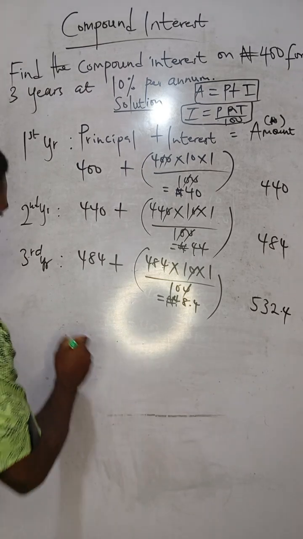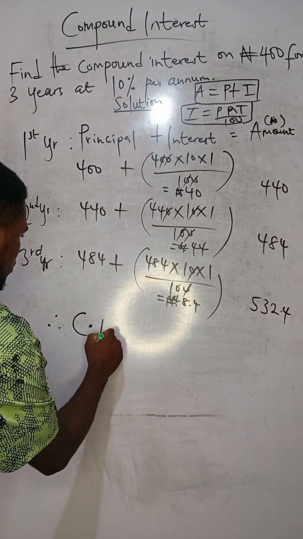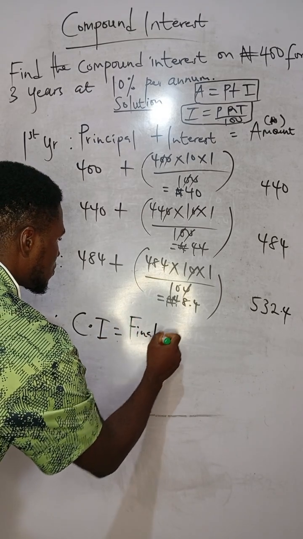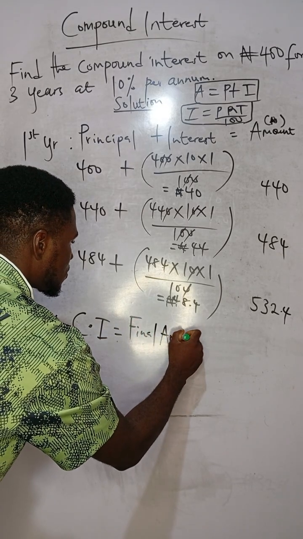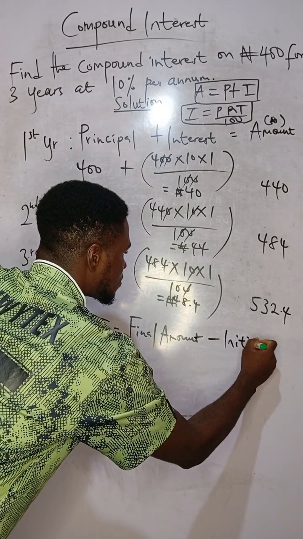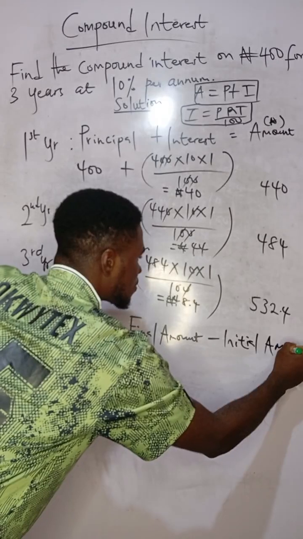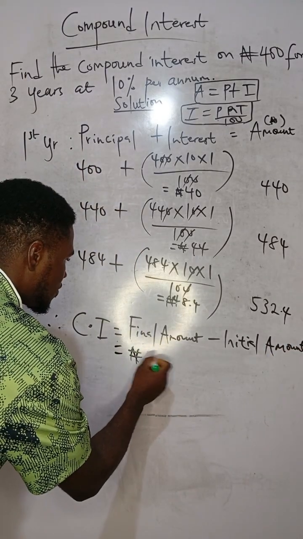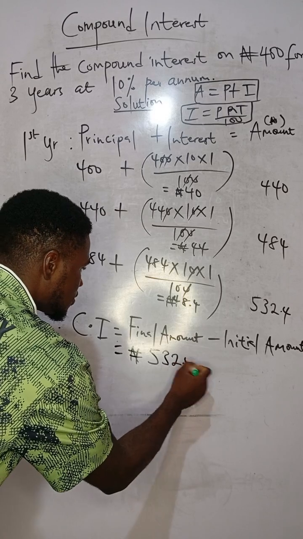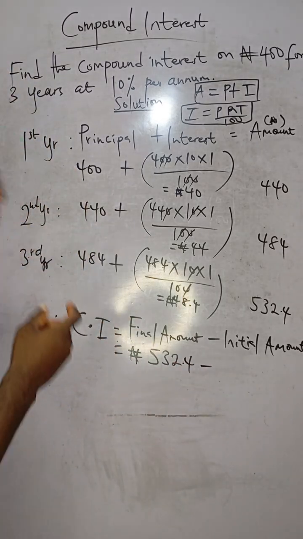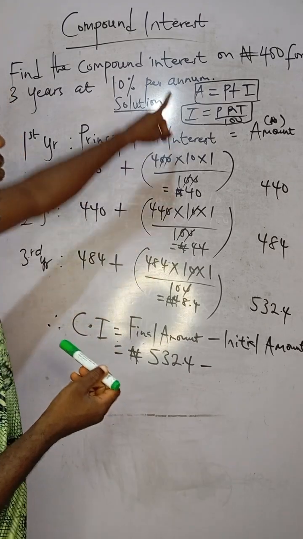Now the compound interest is equal to final amount minus initial amount. Our final amount is 532.4, minus initial amount, which is the principal. The first amount of money is the initial amount, which was 400.